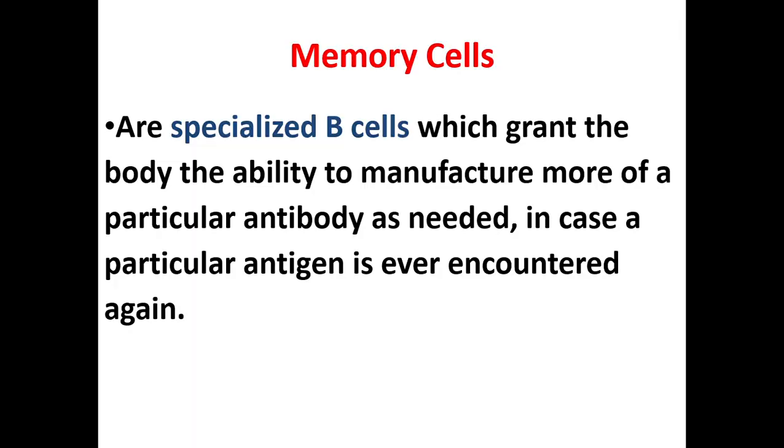The memory cells, as mentioned, are specialized B cells which grant the body the ability to manufacture more of a particular antibody as needed, in case a particular antigen is ever encountered again, or upon re-exposure to the same antigen.